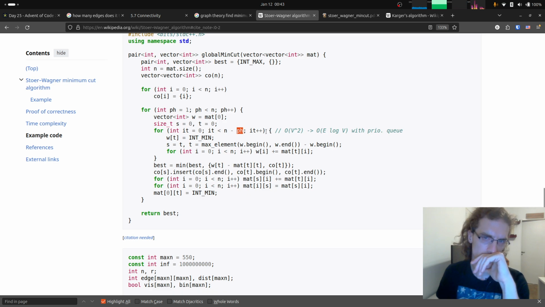Okay, so we are iterating in a triangular way this matrix, which does it make sense? I guess because it's an adjacency matrix, and if it is undirected, the weights are going to be symmetrical. W, so this is this, int min.